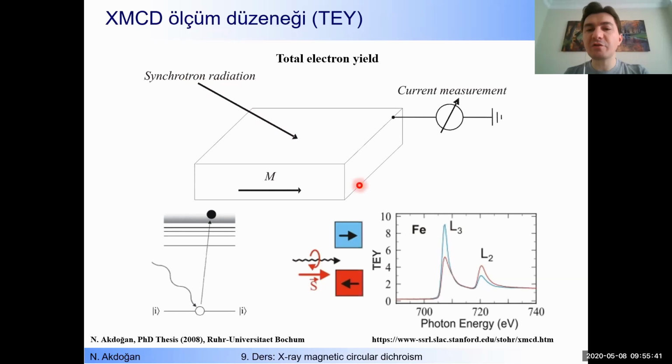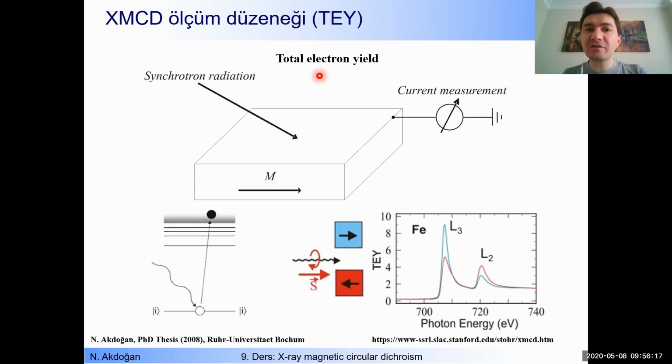If the incoming photon energy is around absorption edges, then the current will increase because at those energies we will produce more photoelectrons and Auger electrons, and then the current here, the total electron yield, will increase, okay? Because the incoming photon energy is around the binding energy of the electrons for that material in that energy range.